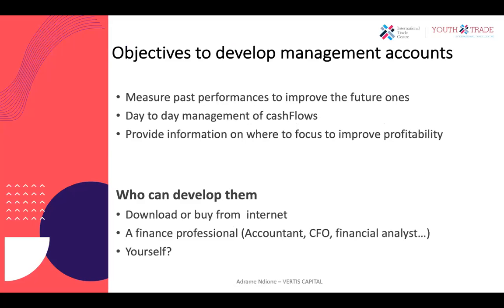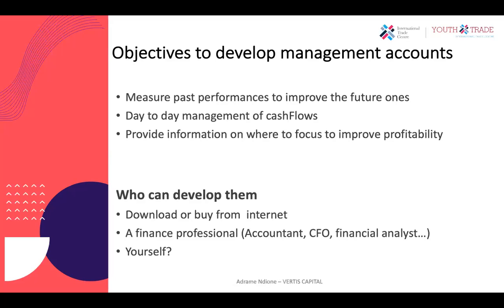So the objectives are how you measure your past performance, in order to improve your future one, and how you are going to manage your day-to-day cash flows, right? Again, cash flow management is the second reason why companies fail, really.